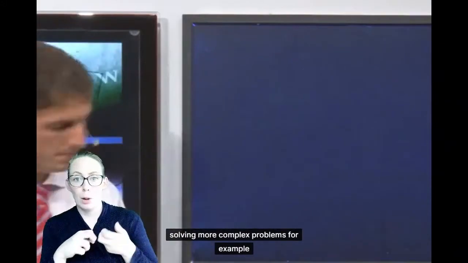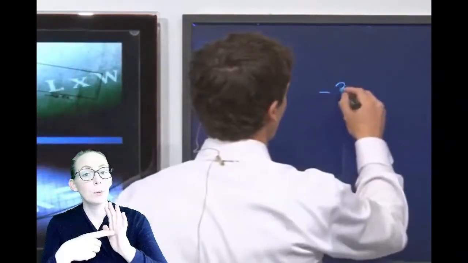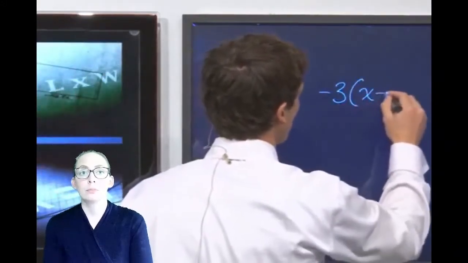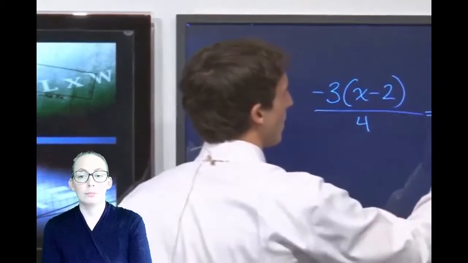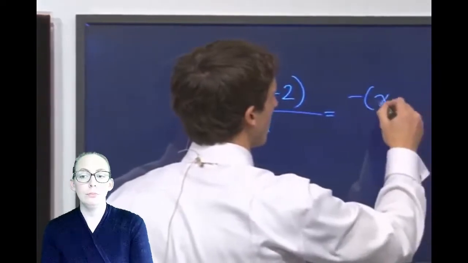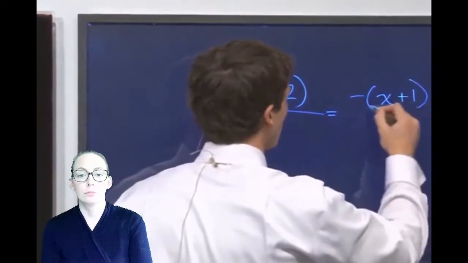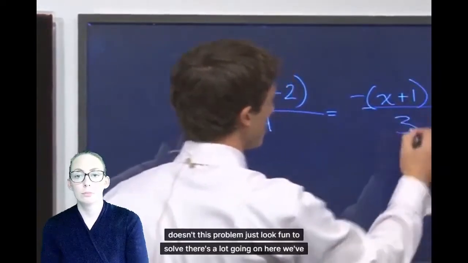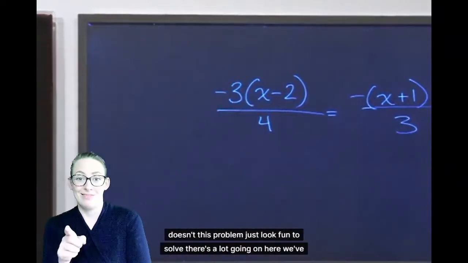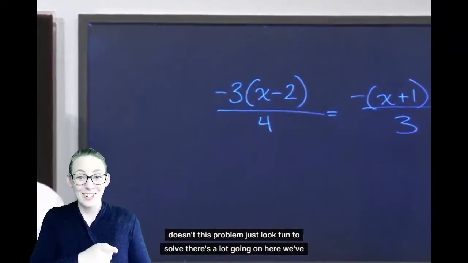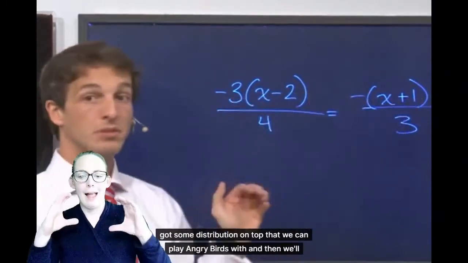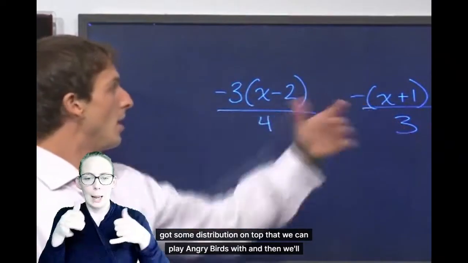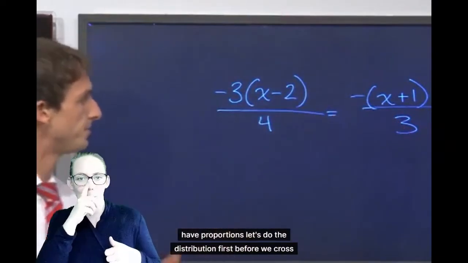For example, doesn't this problem just look fun to solve? There's a lot going on here. We've got some distribution on top that we can play Angry Birds with. And then we'll have proportions.